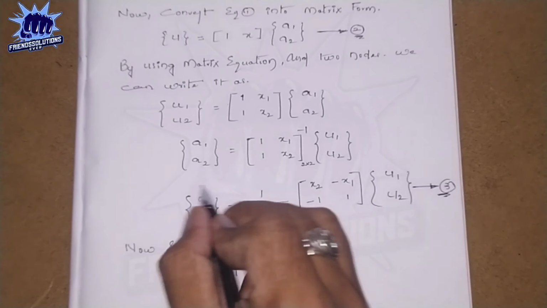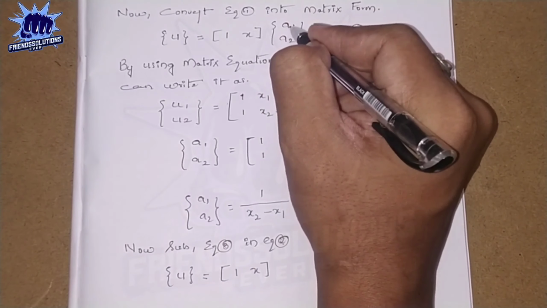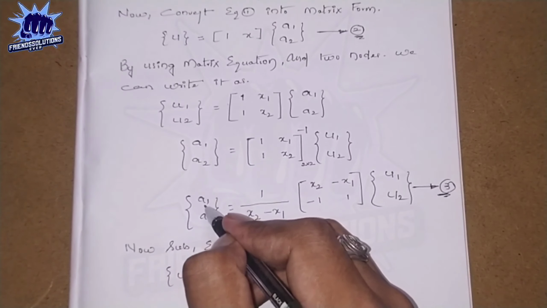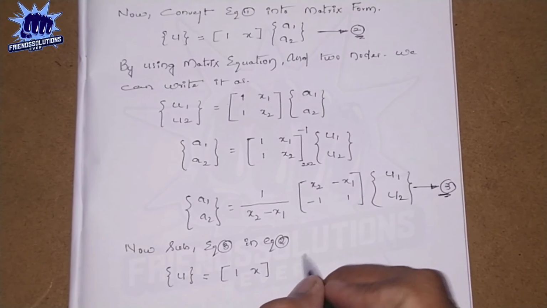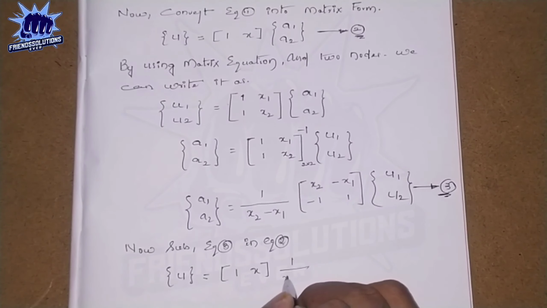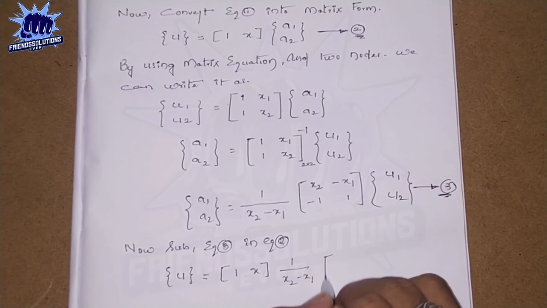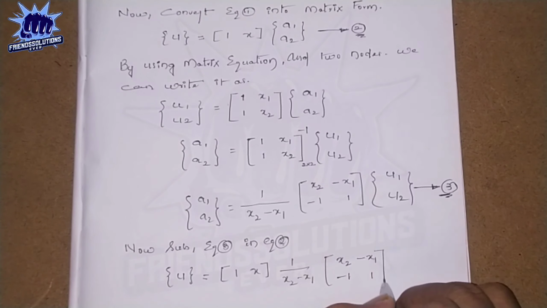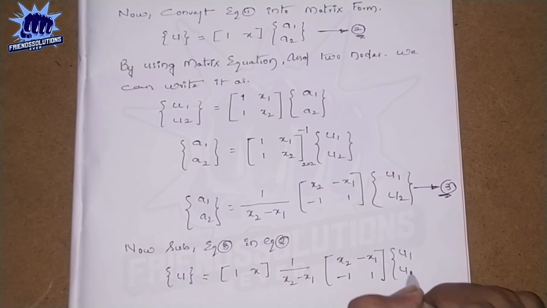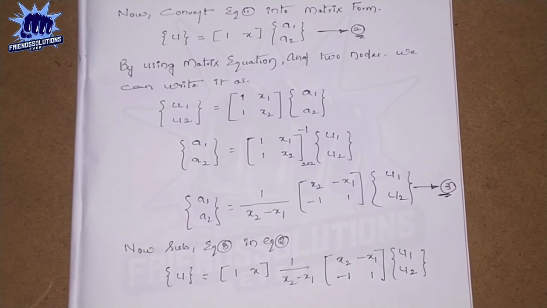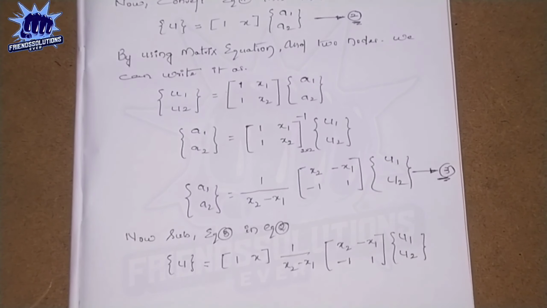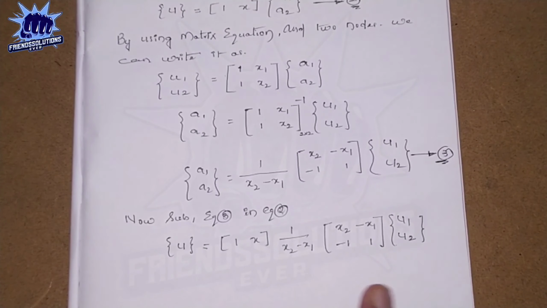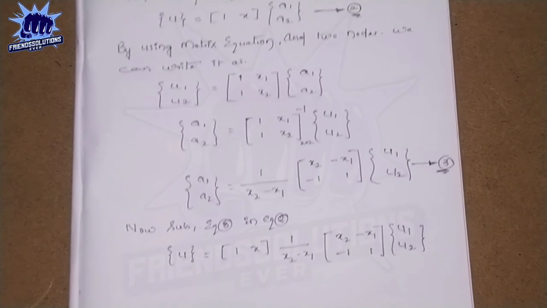In the place of a1 and a2, we substitute this, so we get u equals [1 x] times 1 by (x2 minus x1), times the matrix x2, minus x1, minus 1 and 1, times u1, u2. This equation will be formed.